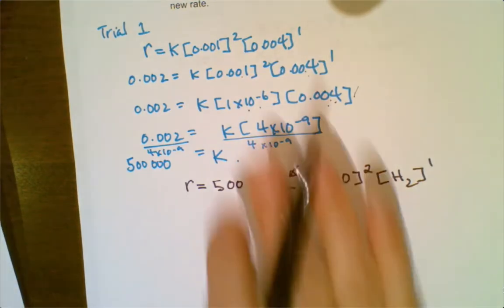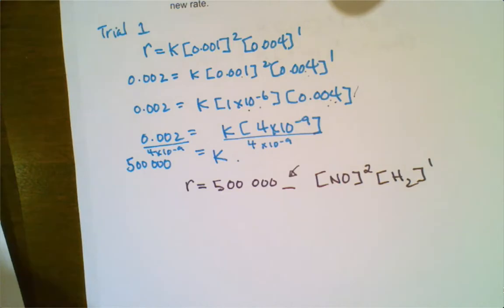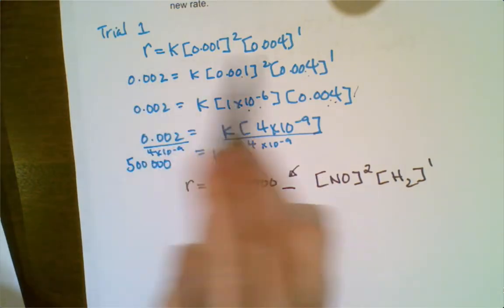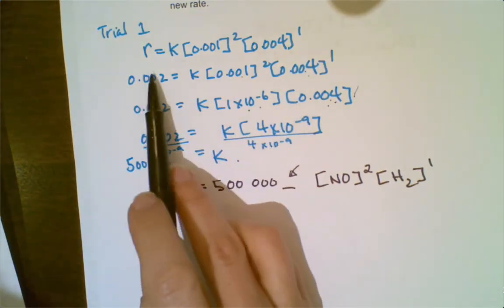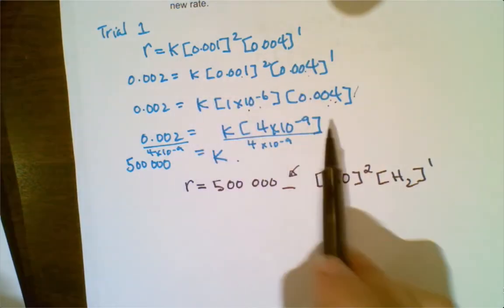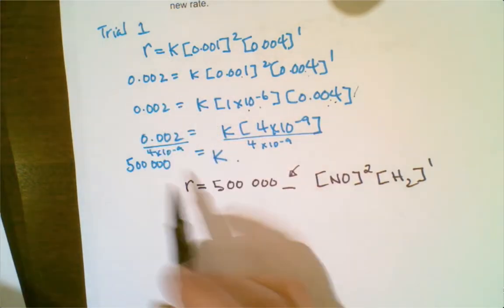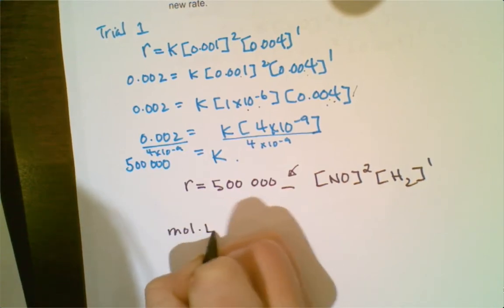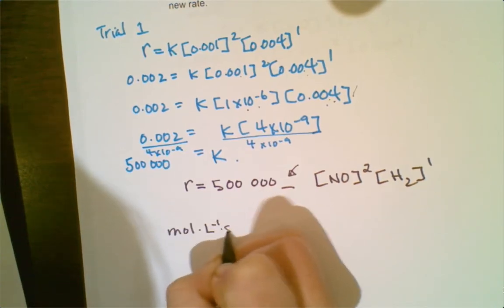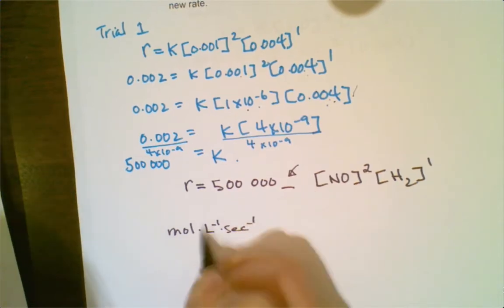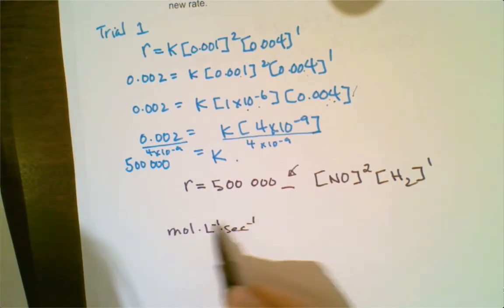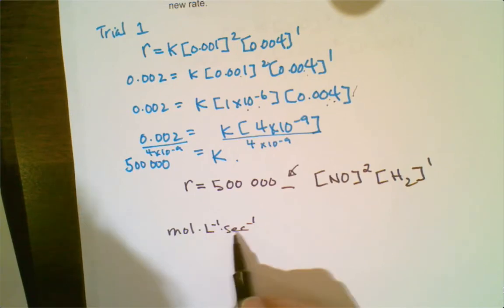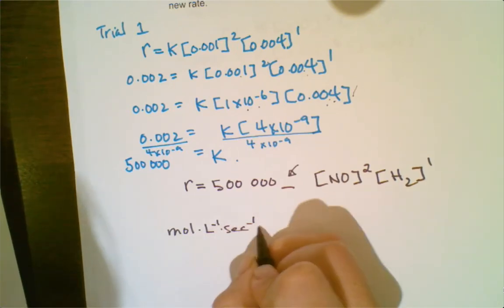I tend to do the units separate from the numerical values. So what I do is the exact same thing that I did here, except instead of using numbers, I use the actual units. So the units for rate, we know, are moles times liter to the negative 1 times second to the negative 1. What I've done is take my denominator and make it become a numerator.